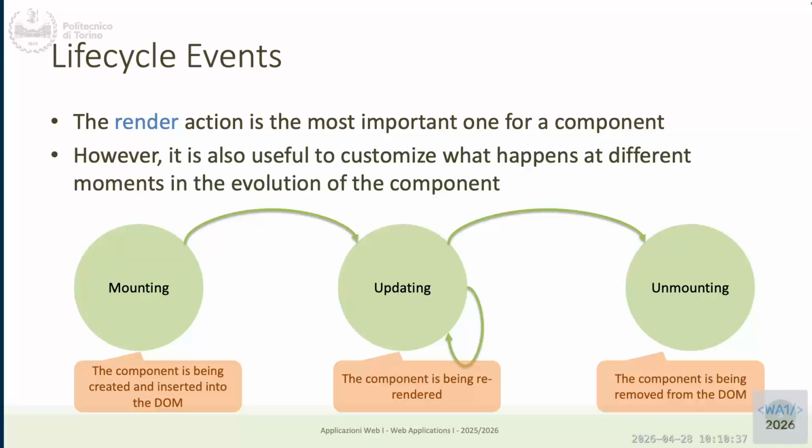That's it. Okay, so up to now, we focused mainly on the rendering steps of the component itself, plus some event management. So we have the on-click or some other event that lets us basically change some state variable according to some user action. And then it is the state variable that triggers another rendering.